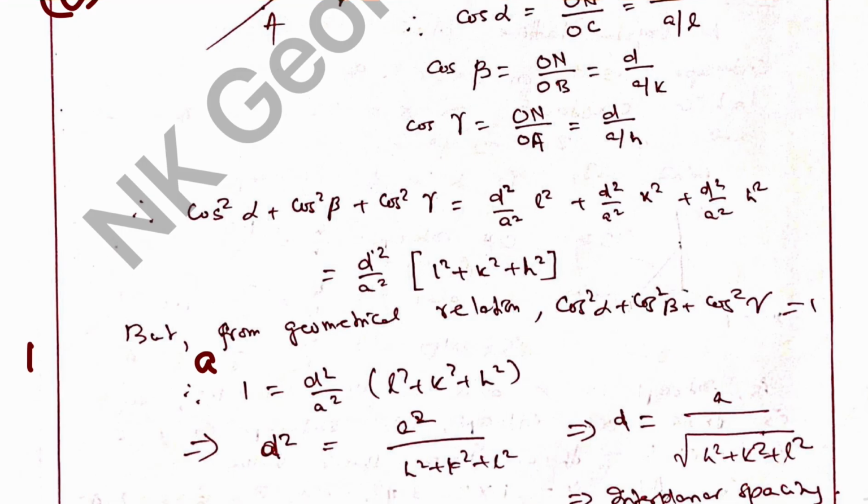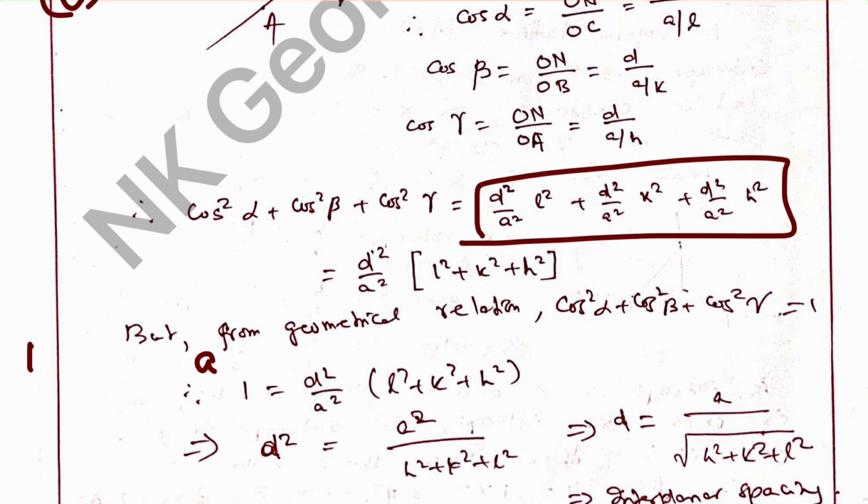So if we see it again, this is the final structure. This is equal to 1: D square by A square, D square by B square, D square by C square.